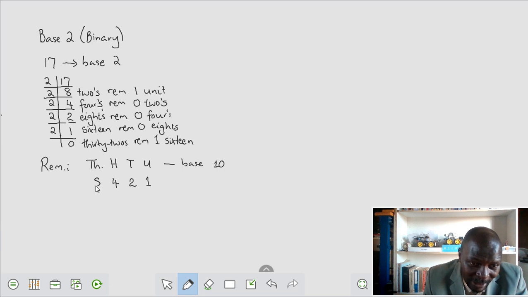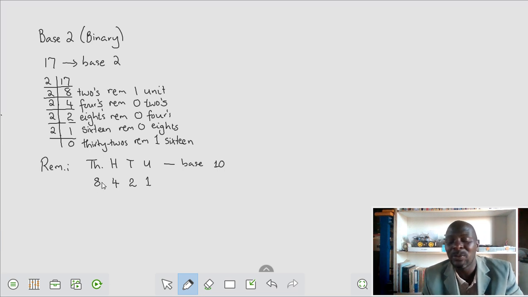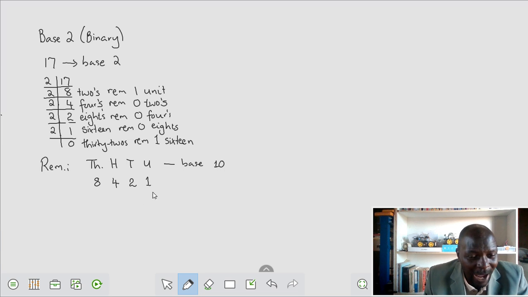That would be 2 times 2 times 2, which is 2 to the power of 3. So let's use the base now. 2 to the power of 0 is 1. 2 to the power of 1 is 2, 2 to the power of 2 is 4, 2 to the power of 3 is 8, and you can see it all works out.